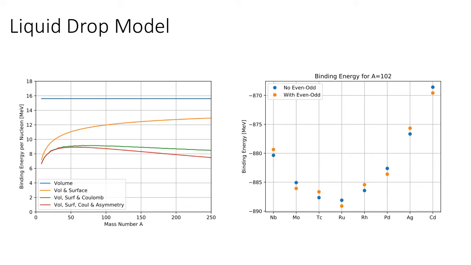If we add in the surface term to that, we get this factor coming down, and so things are less bound because of the surface term. Then if we add in the Coulomb repulsion, we get a larger effect going to larger Z, which is larger A, because we have more pairs.